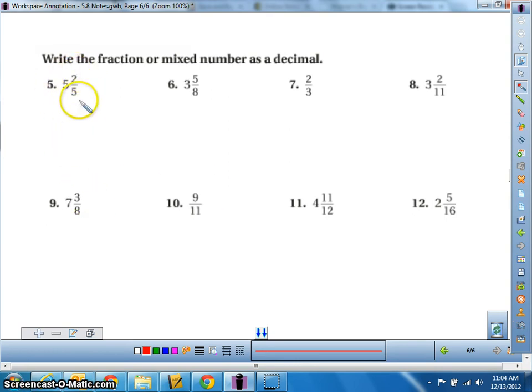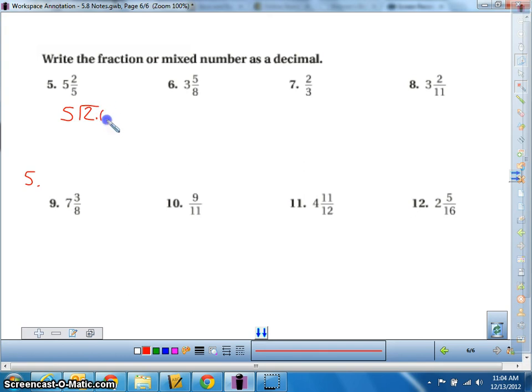So if I've got 5 2/5, what's the first thing I know? Well, I know my answer is going to be 5 point something. I want to take 2 and divide it by 5. My 2 goes inside, the top number goes inside, the bottom number goes outside.